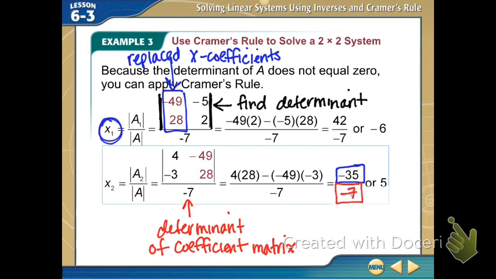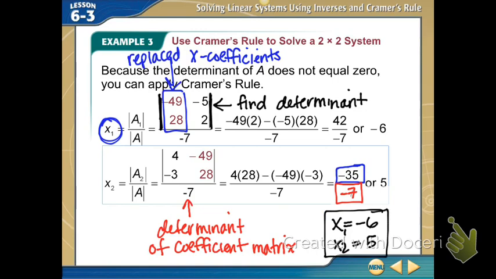And then I perform that division. -35 over -7 equals 5. So for this problem, I get x1 equals -6, and x2 equals 5. And those are my two solutions.